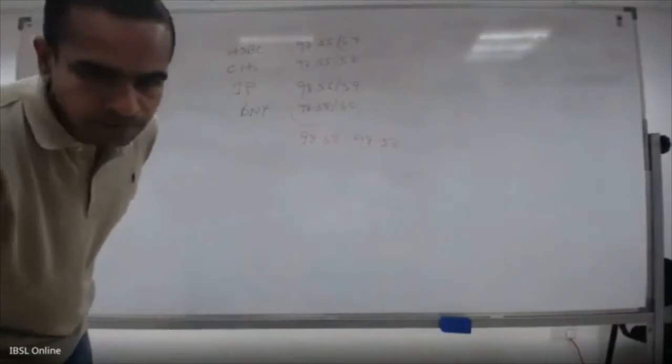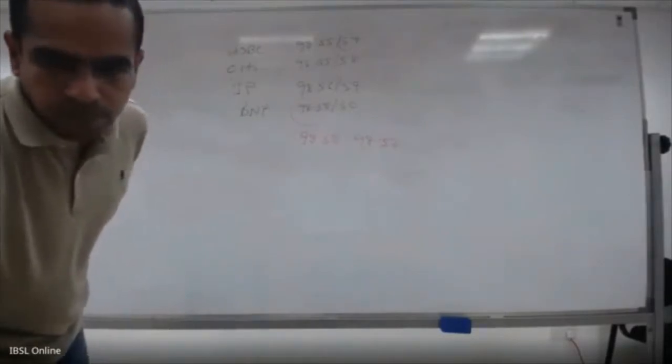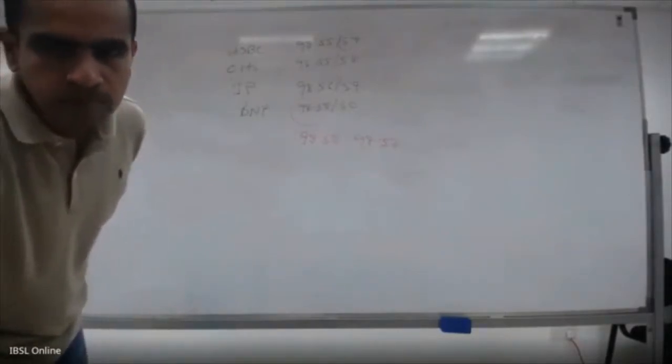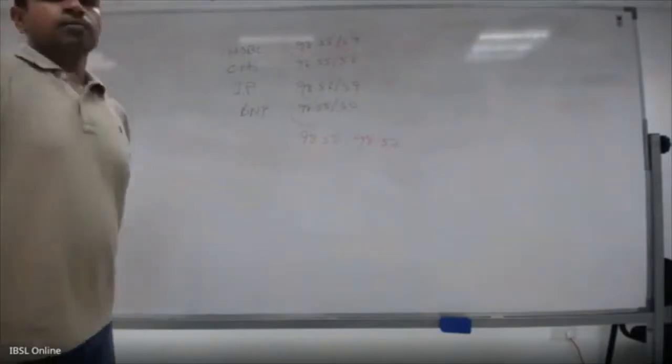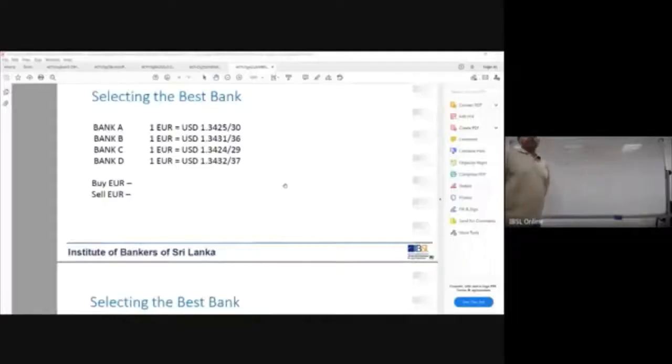Bank A is quoting euro dollar at 134.25.30. B is quoting euro dollar at 134.31.36. C is quoting 134.24.29, and D is quoting 134.32.37.